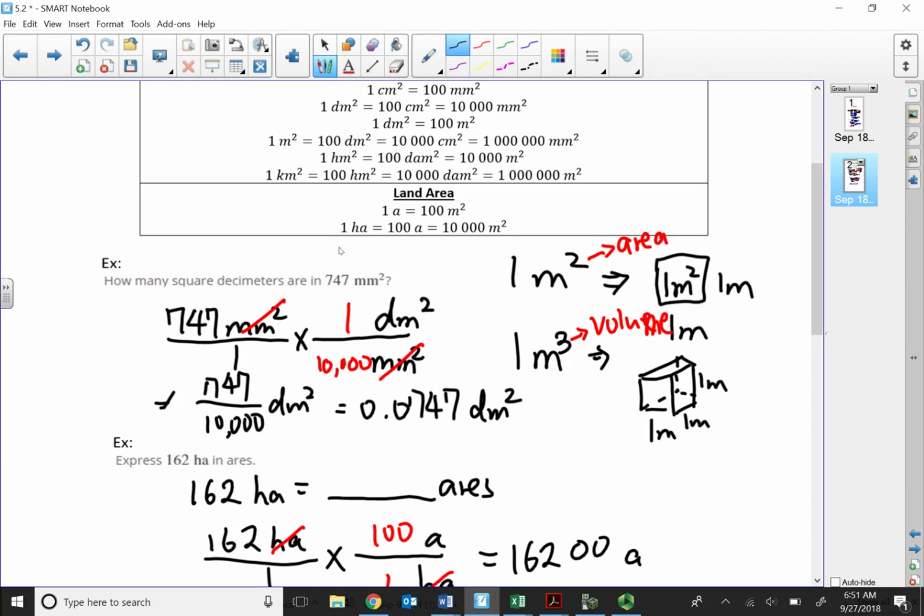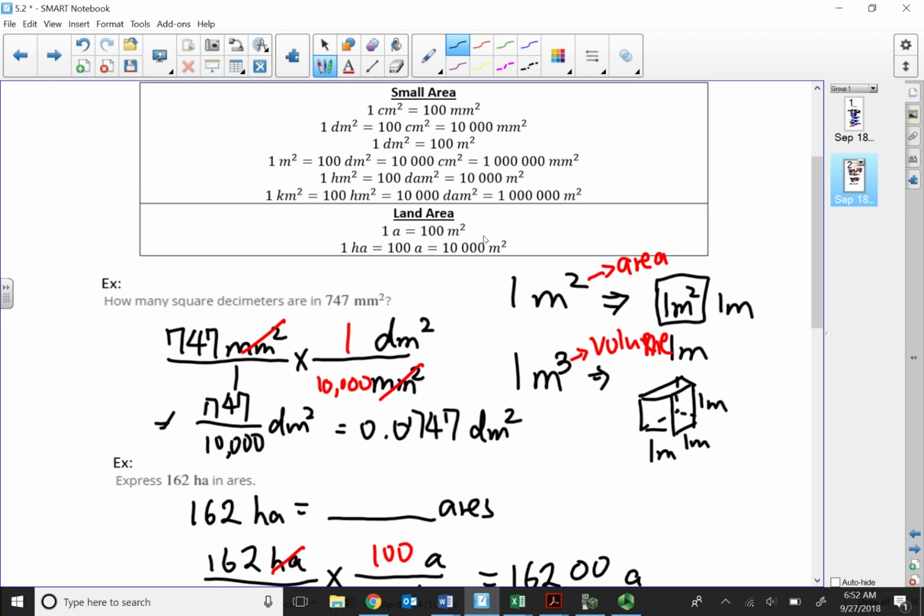What I can do, from what I have, is go from hectare to Rs. Rs can take me to square meters. So I can either take hectare to Rs, or hectare to square meters, but not square kilometers. So what do we do?